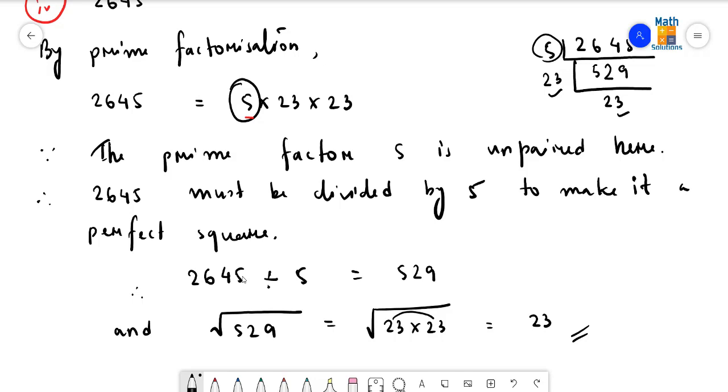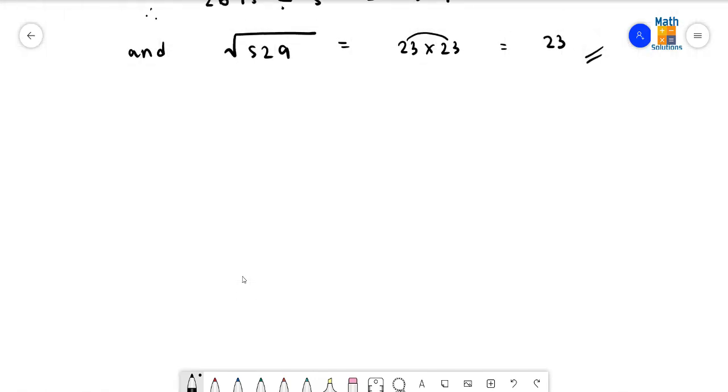Next I shall come to question number 7 of this exercise. Coming to question number 7. So here goes question number 7. Let us check what it says.